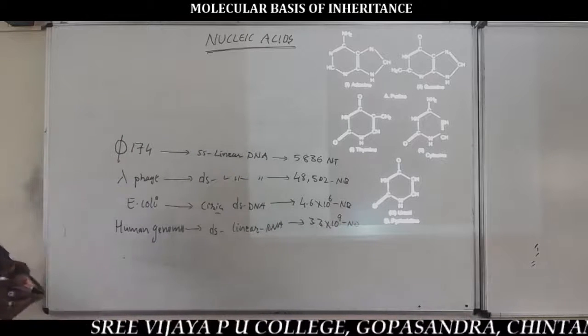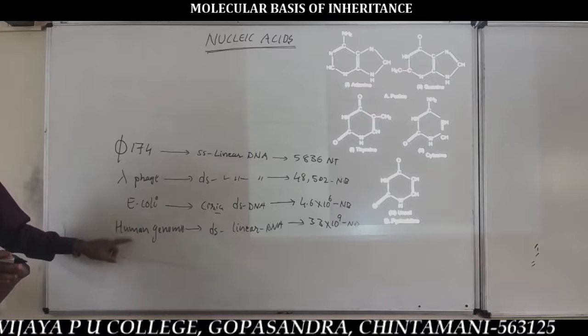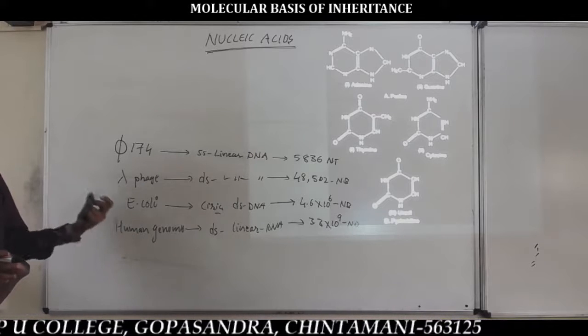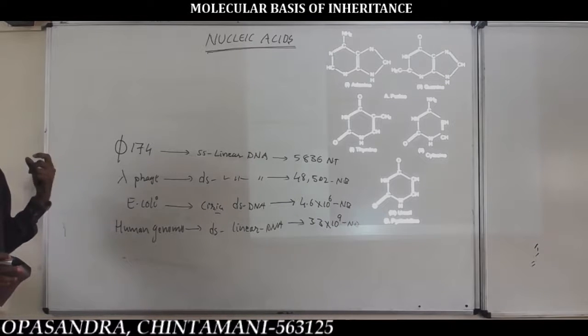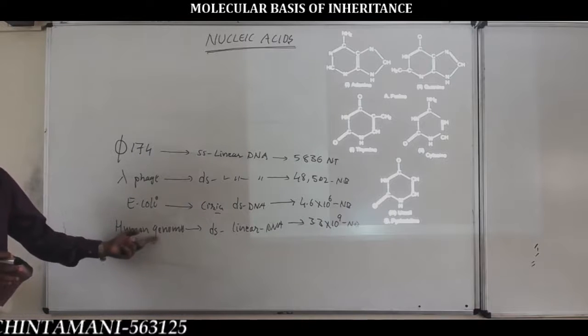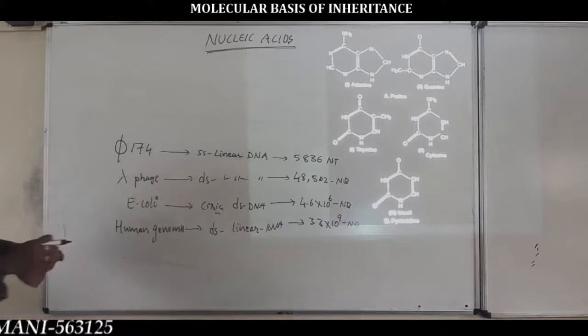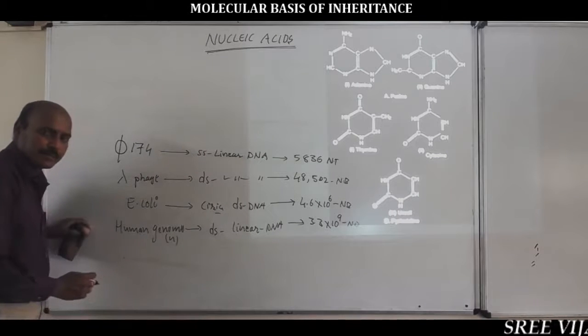Very important: the human genome is nothing but the haploid set of chromosomes. The total number of genes present in the haploid set of chromosomes is called the human genome. So genome refers to the N condition, the haploid condition.